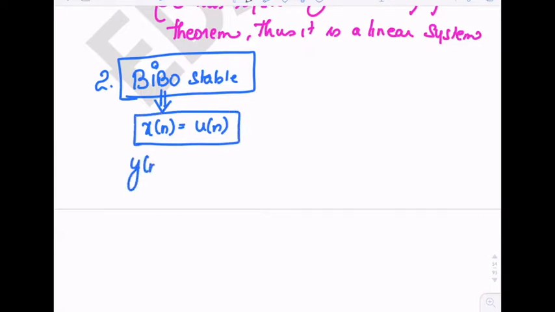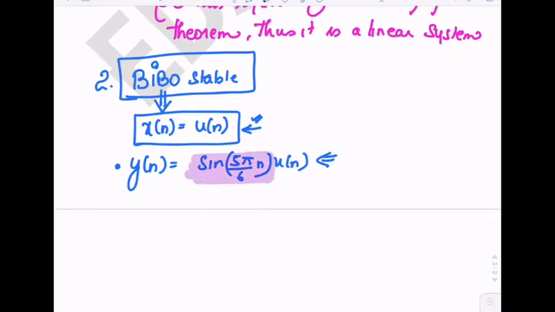And we can see that the output y[n] will be equal to sin(5 pi n by 6) times u[n]. For bounded input u[n], the output is also bounded, because sine will always give a value between -1 and 1, and u[n] has always a value between 0 and 1 only.